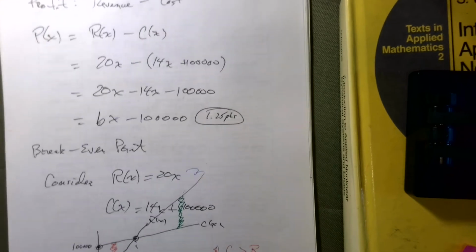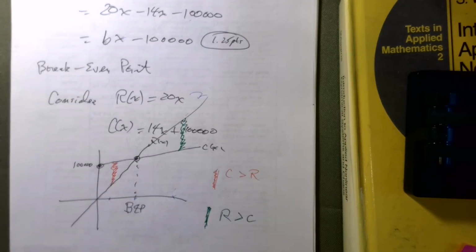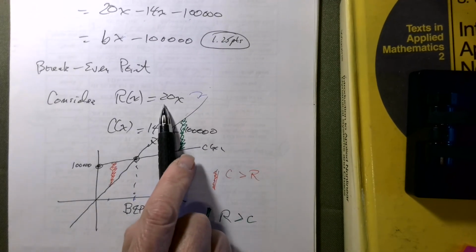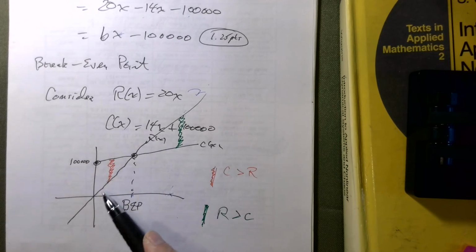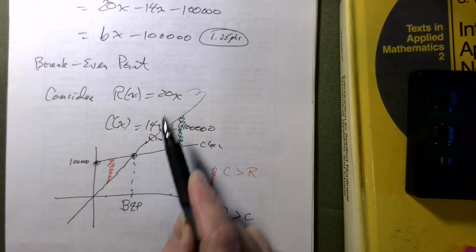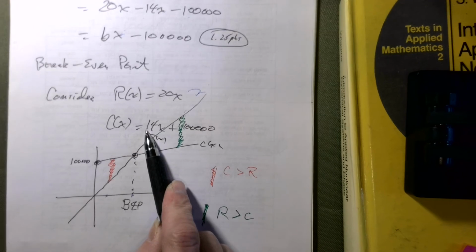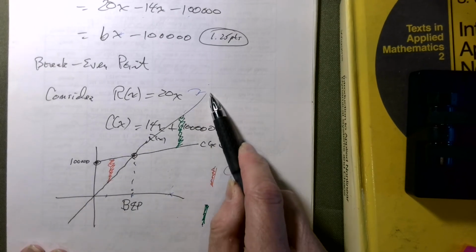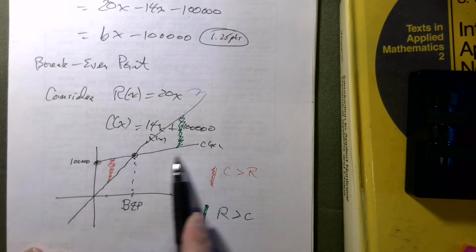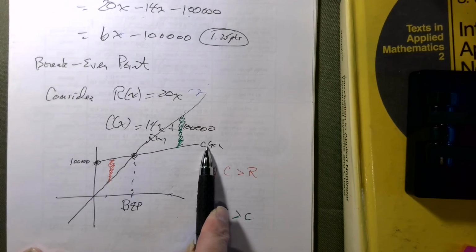Now let's take a look at the two functions. So the revenue function is a line that passes through the origin, and this slope is steeper than this slope. So here's my revenue function, and here's my cost function. Okay?